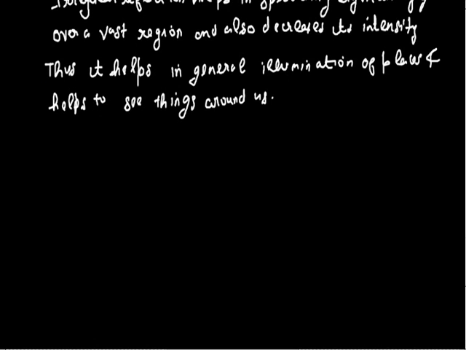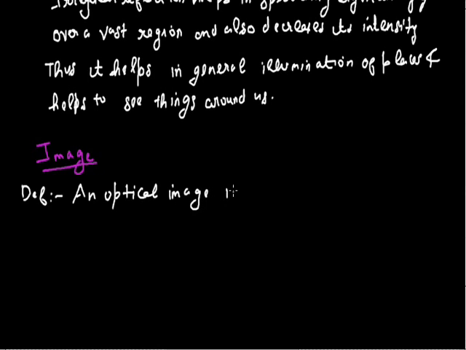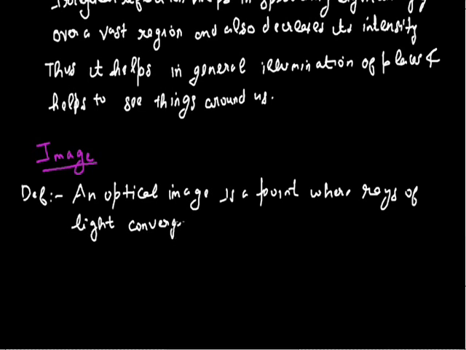Now let's talk about the image that is formed by a mirror. Image definition: an optical image is a point where rays of light actually converge, or appear to diverge.